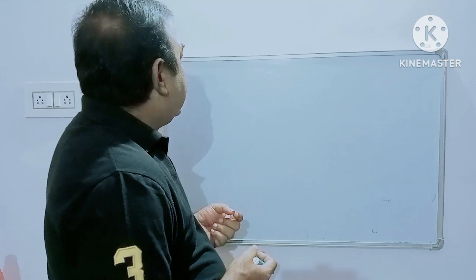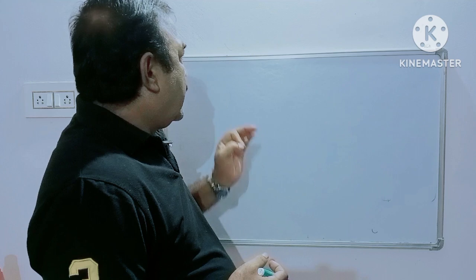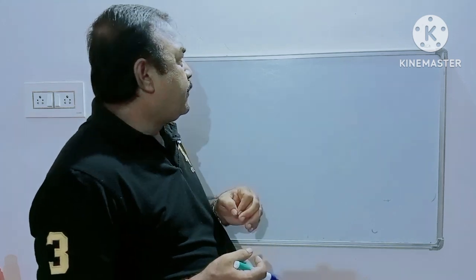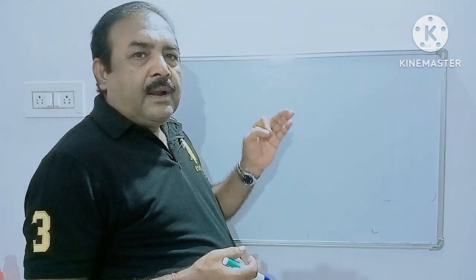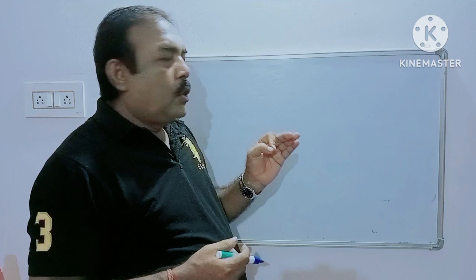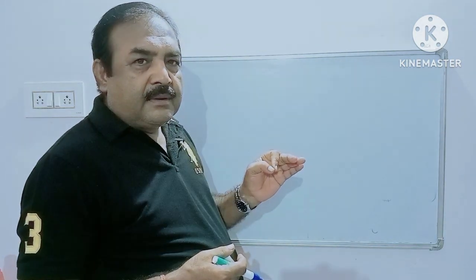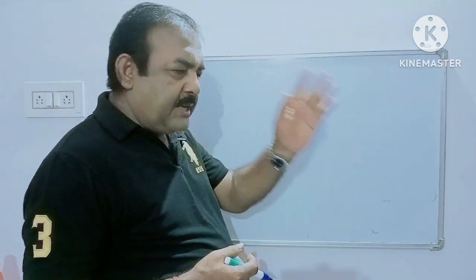Let us focus on distributivity, or the distributive property of multiplication over addition, and distributive property of multiplication over subtraction. These two hold good for integers or not? Yes, it is true.